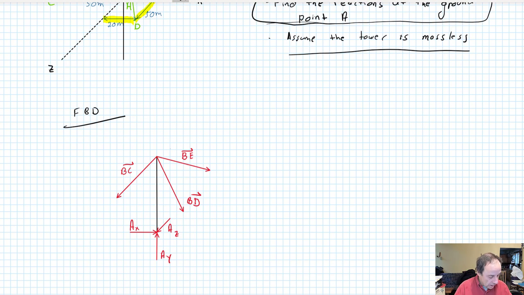So let's start with BD. The vector BD is 20I minus 70J plus 50K.